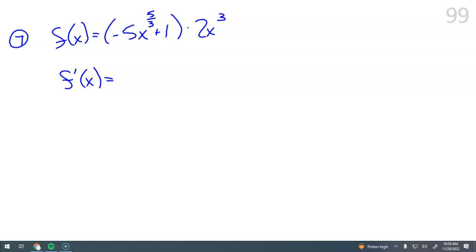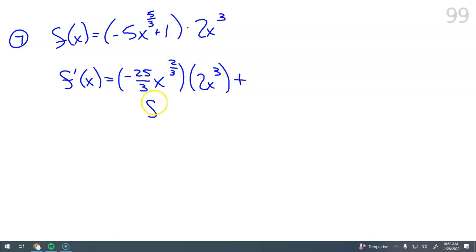It'll be the derivative of the first thing, which would be bring this down and multiply. So that's negative 25 thirds x to the 2 thirds. You see how I got those numbers? And then the derivative of 1 is nothing. So that's your f prime, and then your g. F prime, g, g prime, and f.